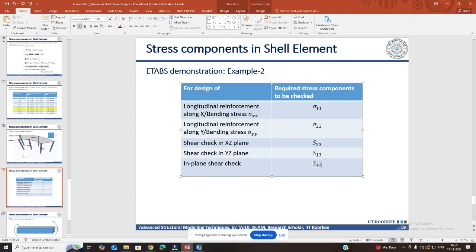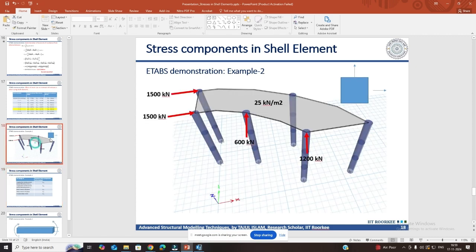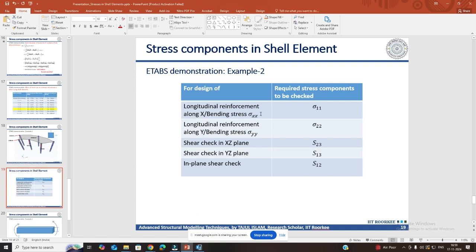And in plane shear check, what about this? 1 2. S12. Okay. So these are the things people actually get confused about when analyzing various kinds of structures like bridge deck. You want to analyze a bridge deck and design the reinforcement, and there is a chance that you'll get confusion in interpreting the results. In case of bridge deck, you have to be careful because you are going to design reinforcement about x direction, about y direction, and you have to check the transverse shear also, these two.